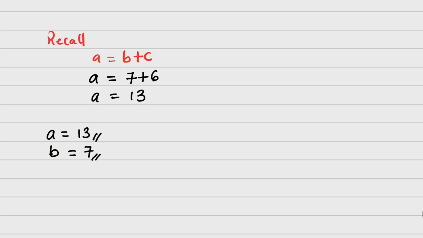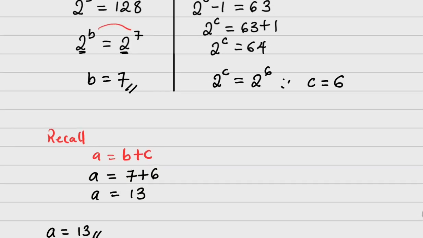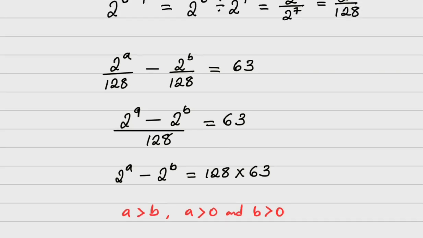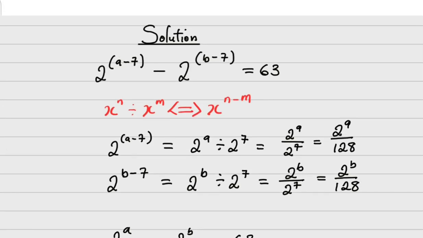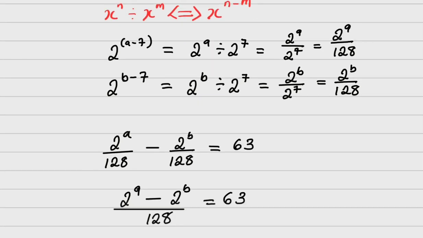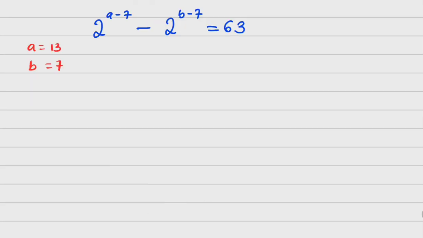This is the solution. Now you can go ahead and check whether your answer is correct or not, or let's check whether our answer, that is the work that we've done, is correct or not. So let's check it out. So like we have it on the screen, we are going to have 2 raised to power 13 minus 7, then minus 2 raised to power 7 minus 7.